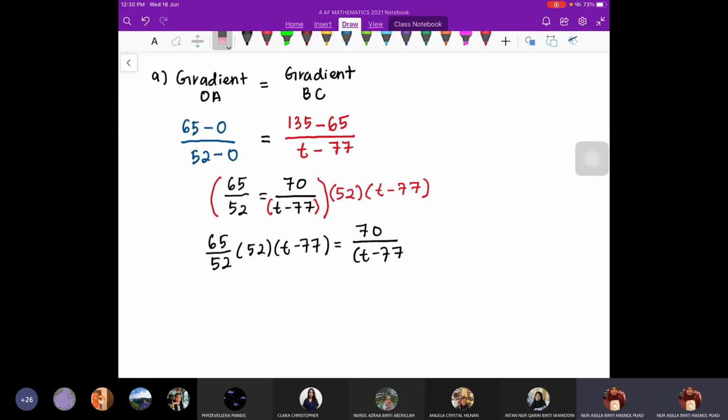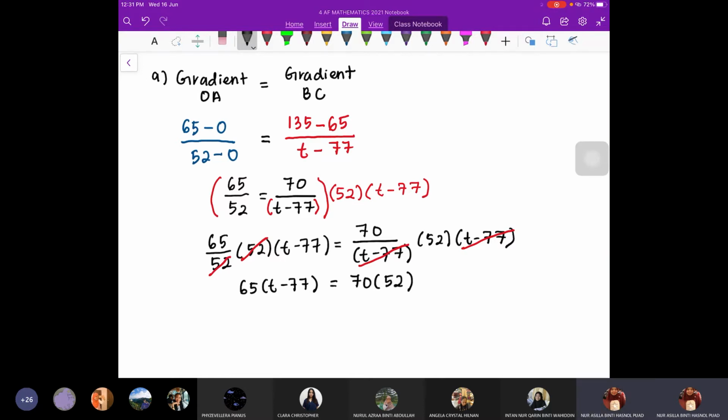Times 52 times t minus 77. Okay, and then you can simplify, cancel out denominator. Okay, so what is left is 65 times t minus 77 equals to 70 times 52.